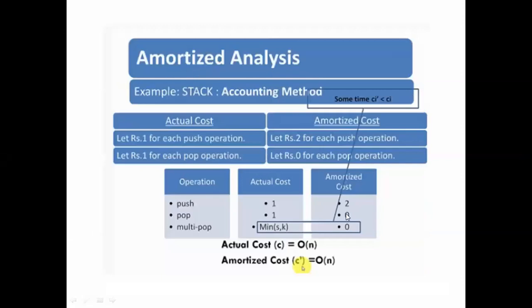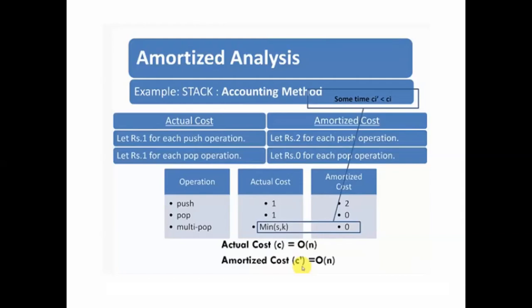This is the example for stack. We have two costs here. One is actual cost and another one is amortized cost. I already told you, we find a payment for each individual operation such that the sum of the payments for the operations performed is always at least as large as the actual cost of those operations.